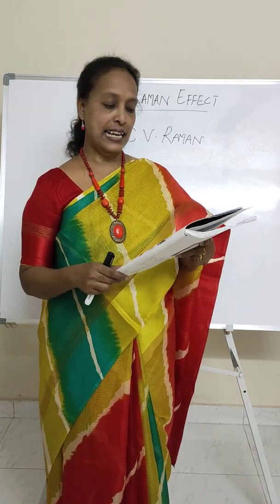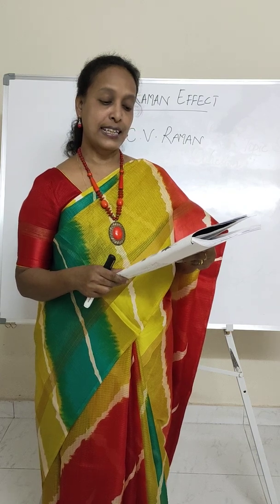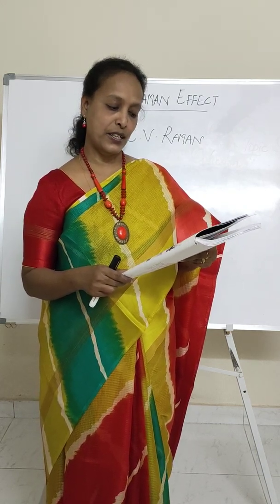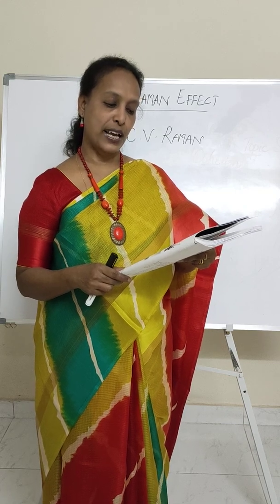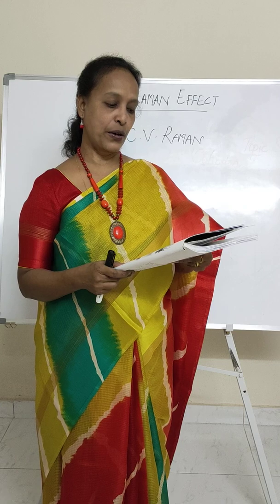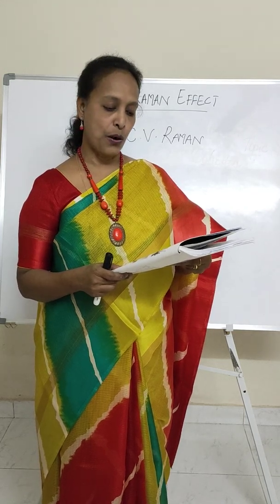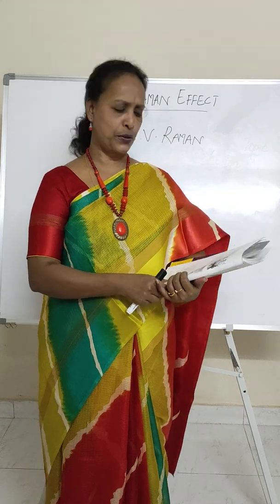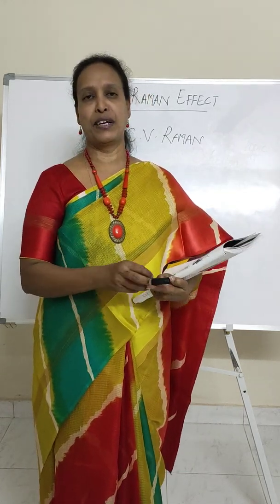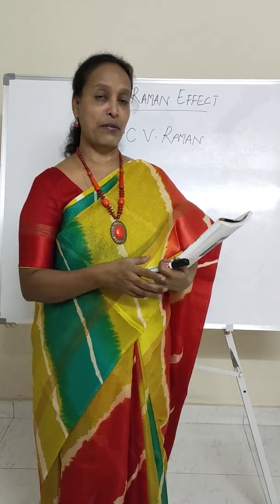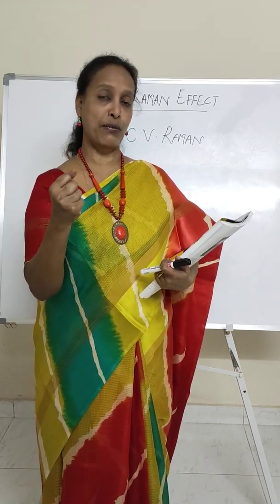A young Indian researcher, Chandrasekhar Venkat Raman, won the Nobel Prize for Physics for his groundbreaking discovery of the phenomenon called the Raman effect. Now, groundbreaking, discovery. So, C.V. Raman, he discovered something, and that was the area where he was given a Nobel Prize in the year 1930.